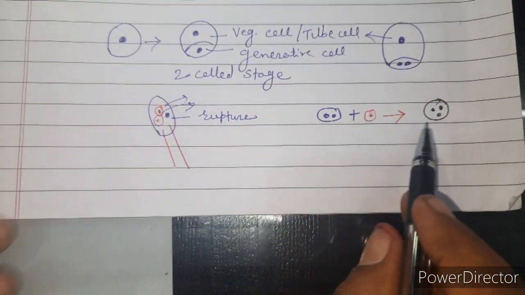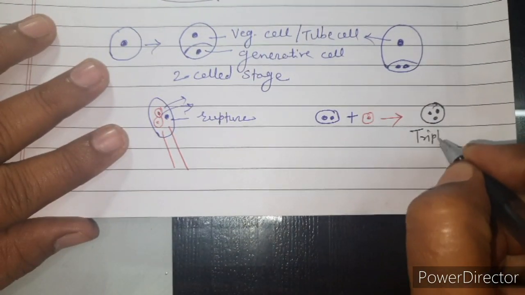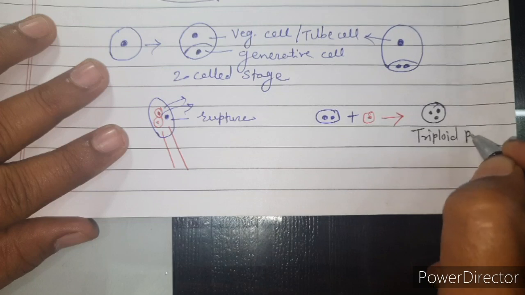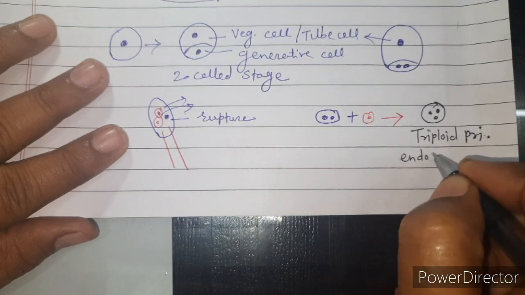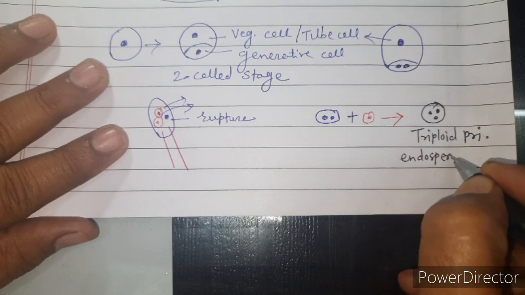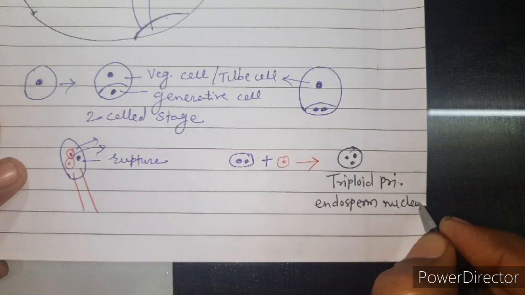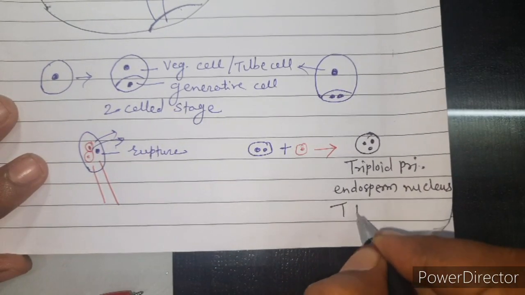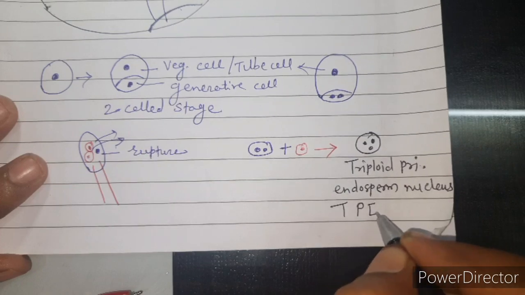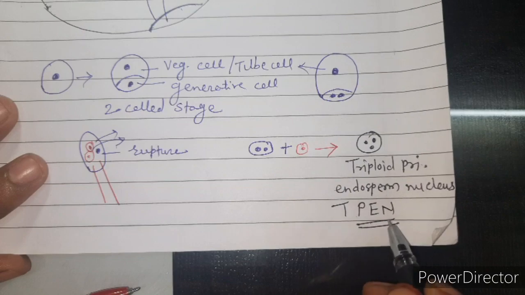So, this is called the triploid primary endosperm nucleus. In short, it is known as TPEN or only PEN, primary endosperm nucleus.